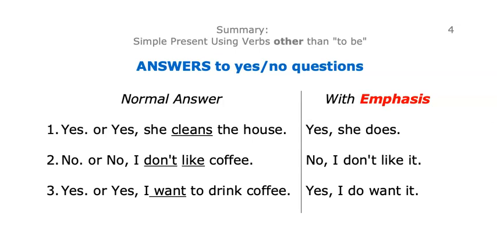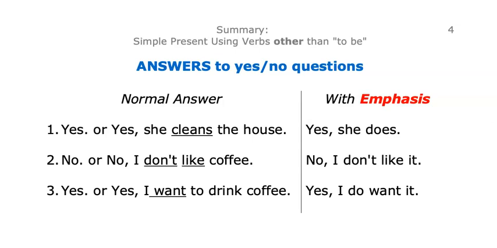When we answer those questions, there are basically 3 ways we can answer. We can answer yes or no, and that's a complete answer. We could answer with a more complete sentence, or we can add the word to do in order to provide emphasis.